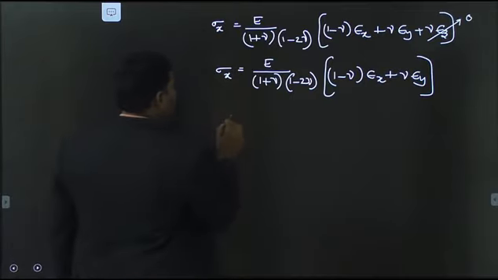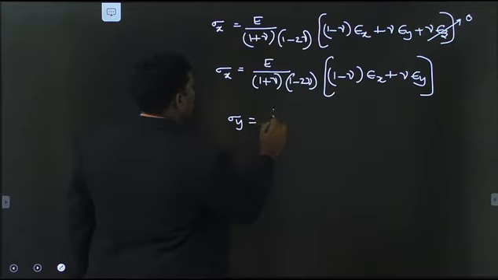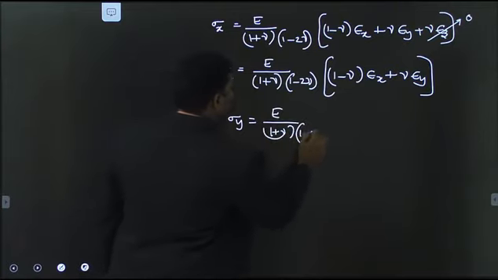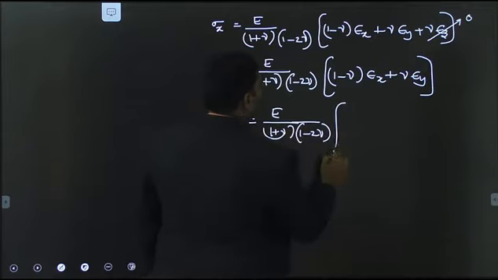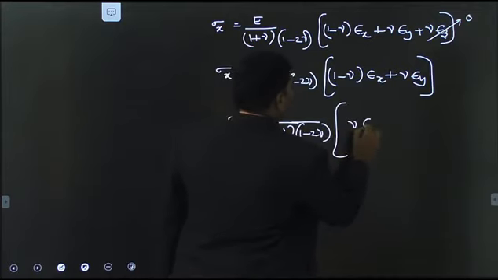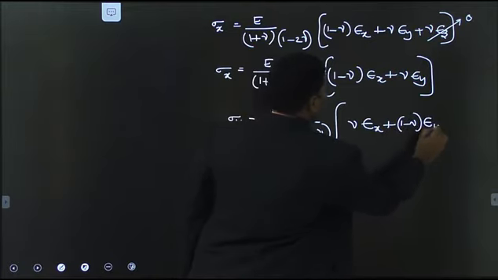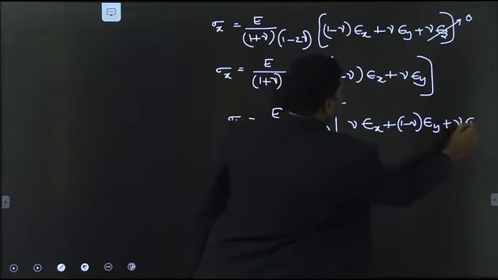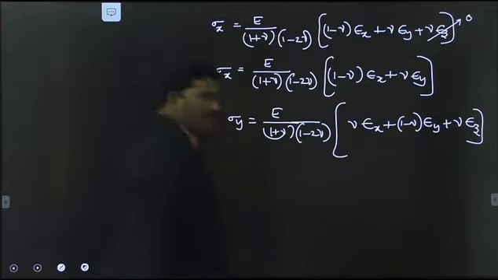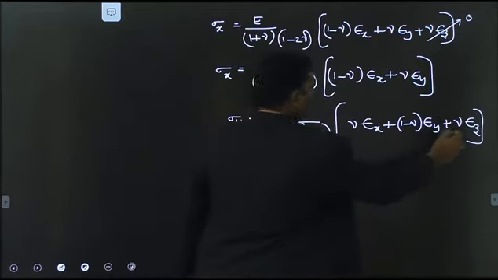So what do you get? Sigma y equals E by 1 plus nu into 1 minus 2 nu, into epsilon x plus 1 minus nu into epsilon y plus nu into epsilon z. But for plane state of strain, epsilon z equals 0.